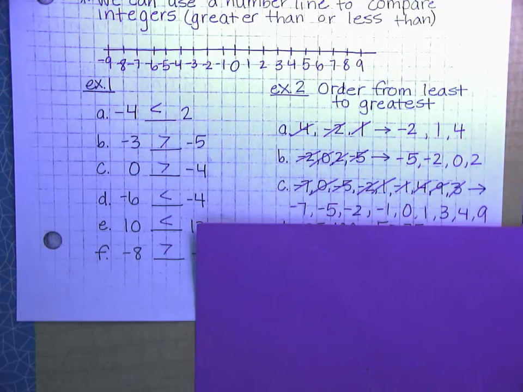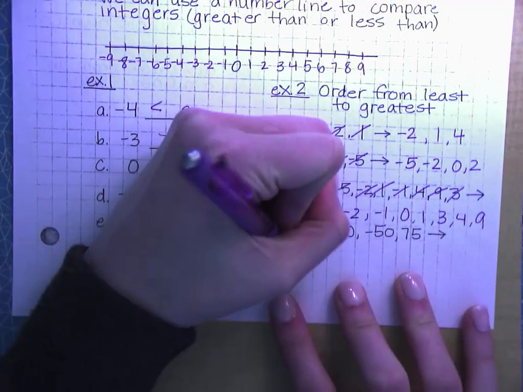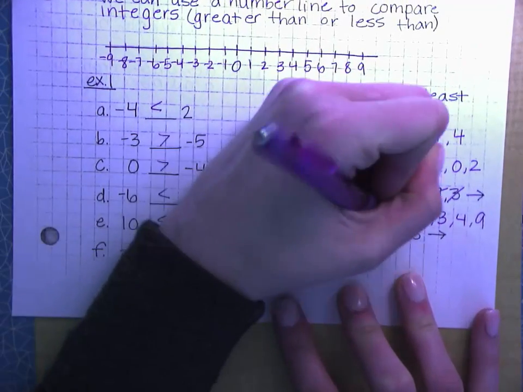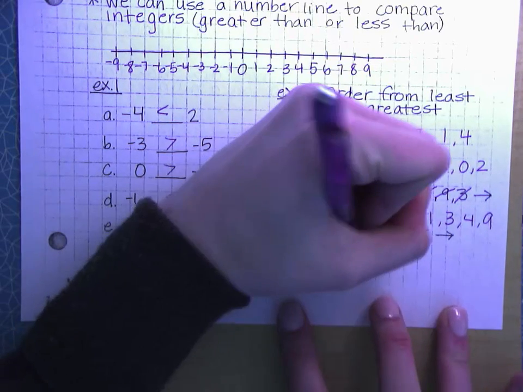Okay? All right, last one. I've got negative 25, 100, negative 50, and 75. What's the smallest number I'm going to start with? Negative 50. Okay, what's next? Negative 25.